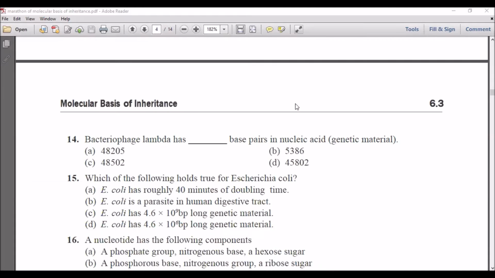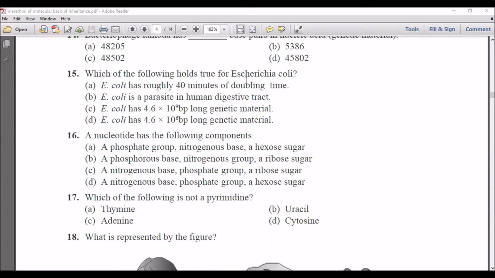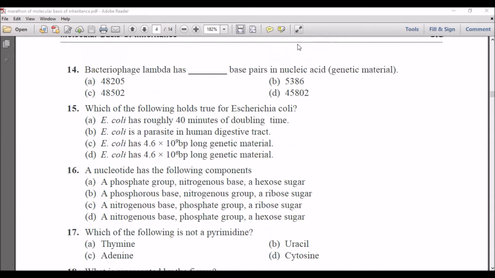Now the next question is, bacteriophage lambda has dash base pairs in its nucleic acid. Four options are given. We know that bacteriophage lambda has 48502 base pairs in its nucleic acid. Now the next question is, which of the following holds true for E. coli?